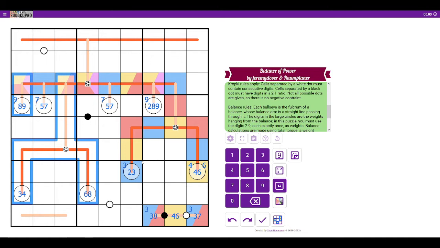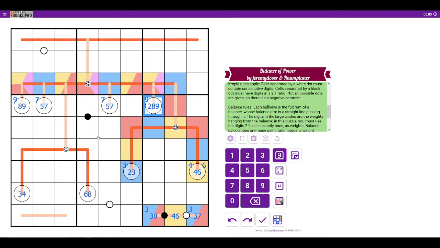If this is 3, 6, so it makes an odd number. No. If we make it 4, 8. Yeah, and that forces the 2 there, and that all works out. So let's try the other way around. We force that to be a 3, 6. That's a 2, 4.